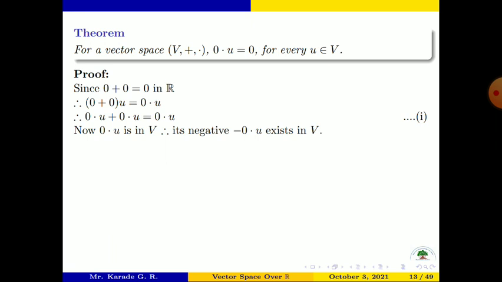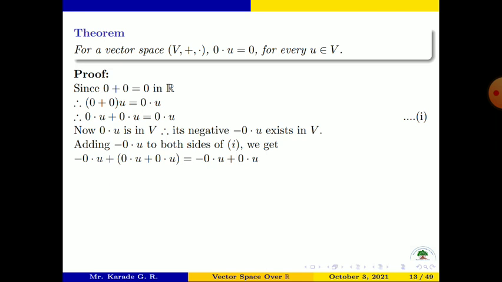We add the negative on both sides, adding minus 0 into u to both sides of equation 1, and see what we get. We get minus 0 into u plus (0 into u plus 0 into u) is equal to minus 0 into u plus 0 into u.